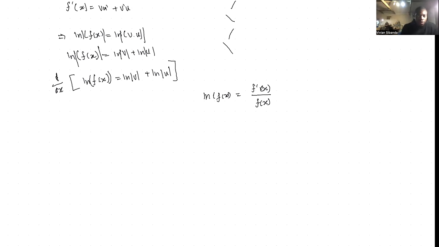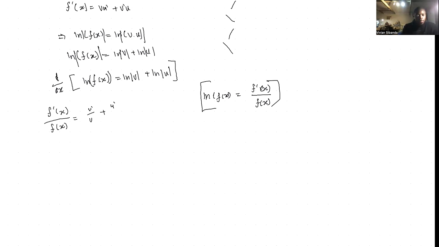We have f prime of x divided by f of x, the original one, equals v prime divided by v plus u prime divided by u.